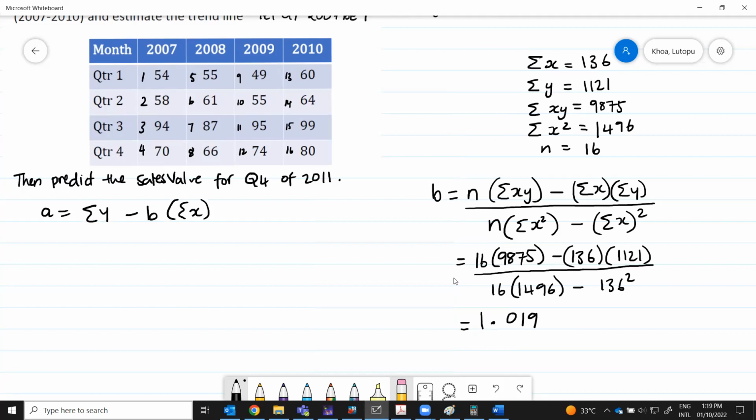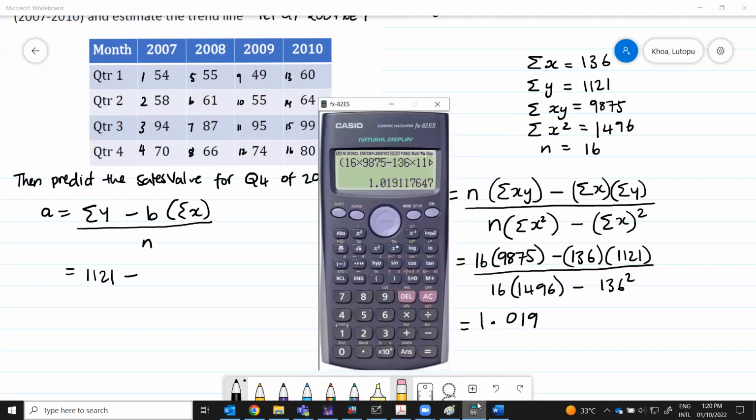And then the formula for A, this is the sum of the y values minus b times the sum of the x values, and this is all divided by n. So now we just substitute the sum of the y values, 1121, my b here. So try not to round off too early so that your value is exact. I'll just write the whole value.